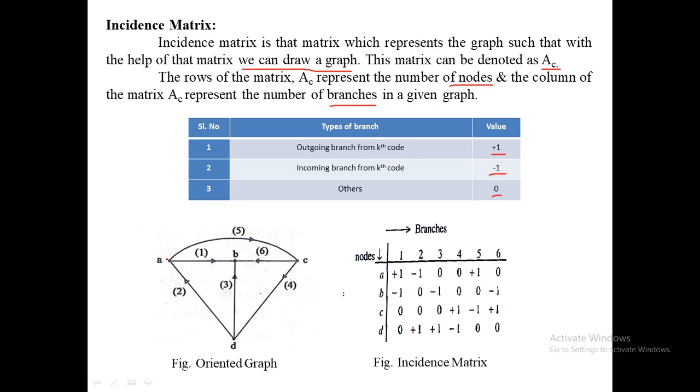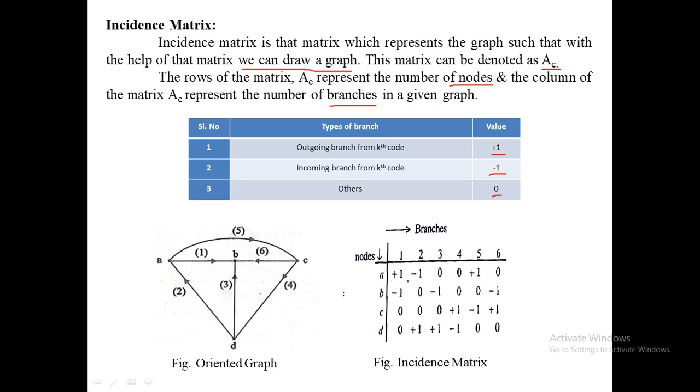For node A, branch 1 we mark as +1, because the branch is away from the node. Away from the node means we put +1. Next, consider the same node A. This second branch arrow is towards the node, so we write -1.